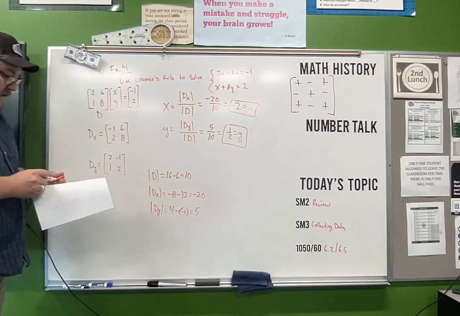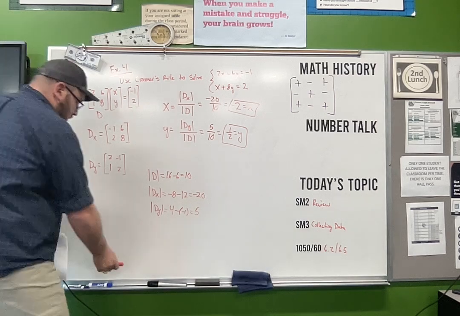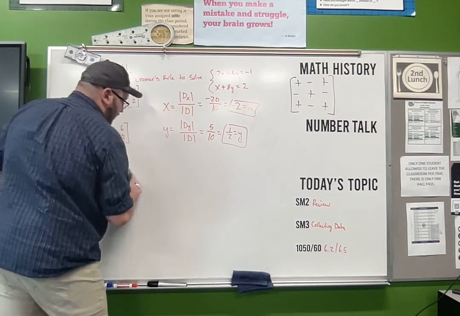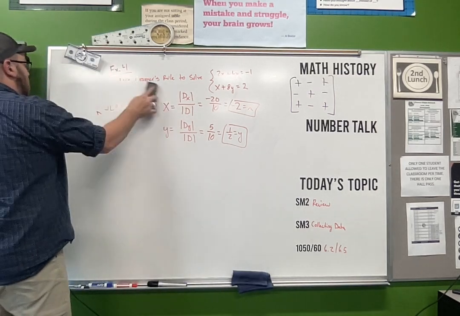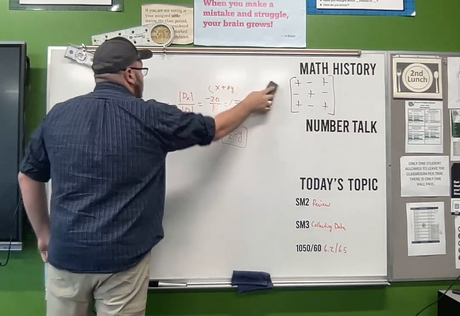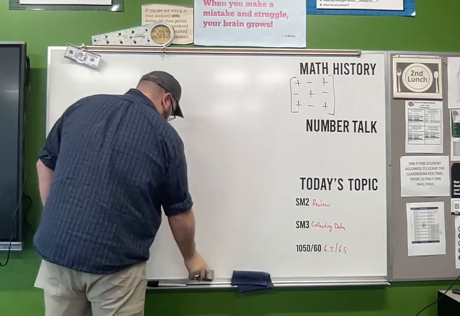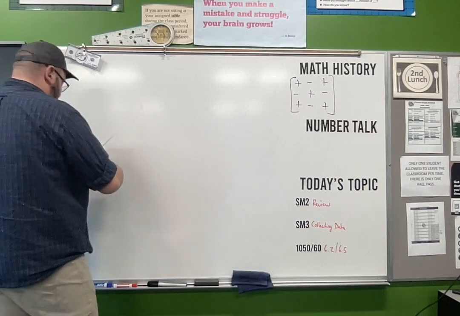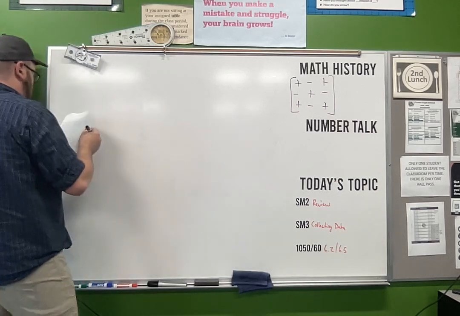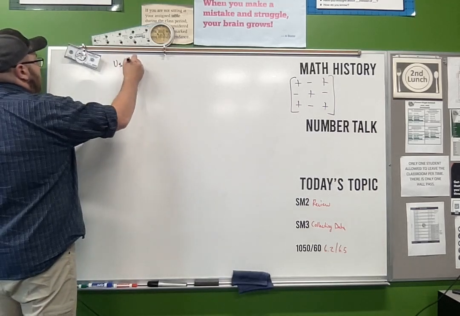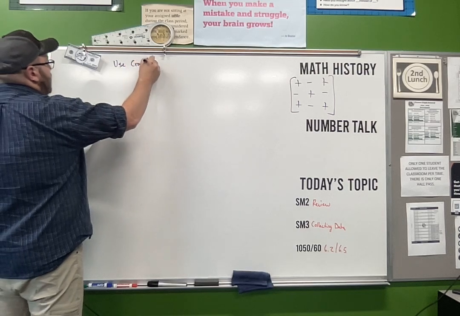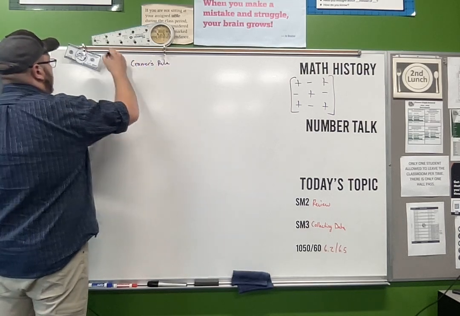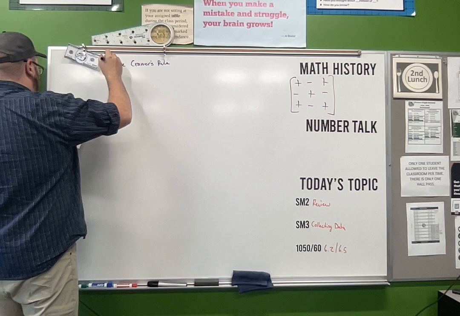All right, one last one here. A 3 by 3 using Cramer's rule. Alrighty. Use Cramer's rule. Sorry, this is example 5.